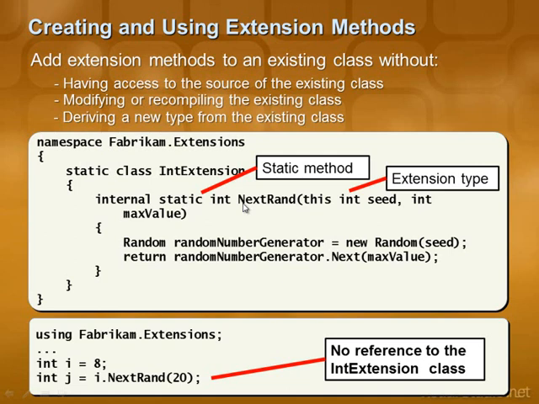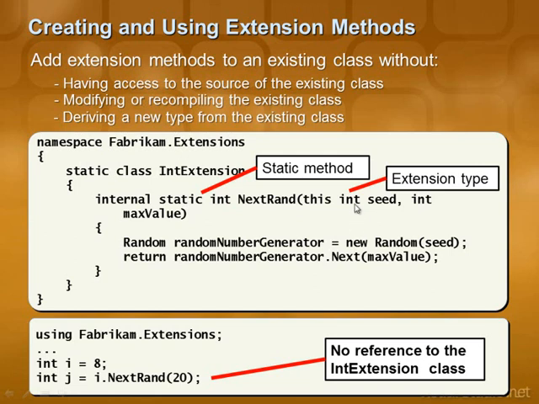How to extend the functionality of a sealed class? To do that, you write a static method. It must be present in a static class. I'll tell you what a static class is later. Then you write the name of the method and the return type as usual. The only thing is you have to use this and the class that you want to extend.